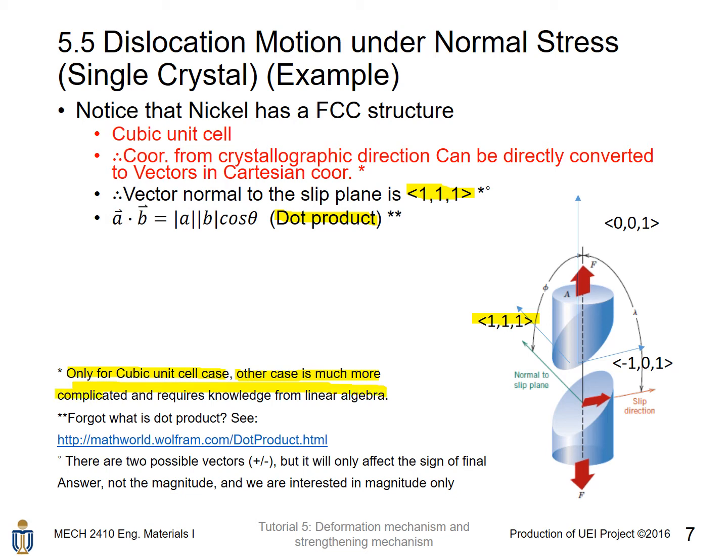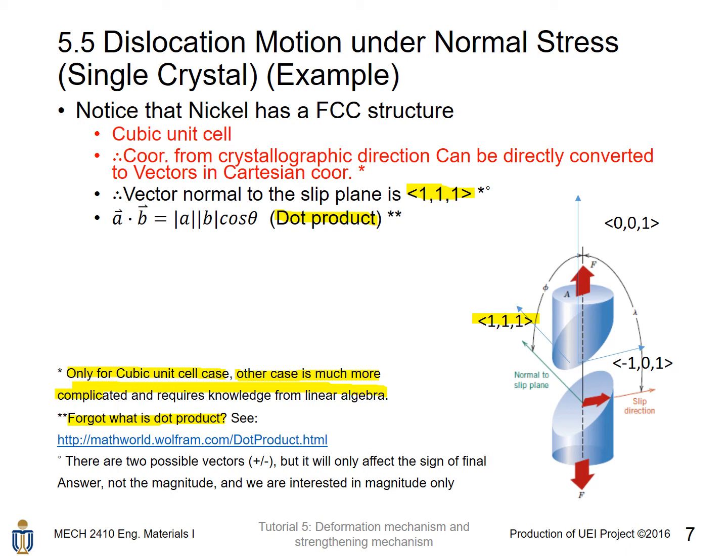And if you forgot what the dot product is, you can have a revision here, which is from the Wolfram wiki. And you may ask, why don't we consider the negative vector? As I just mentioned, it will only affect the sign of the final answer, but not the magnitude.